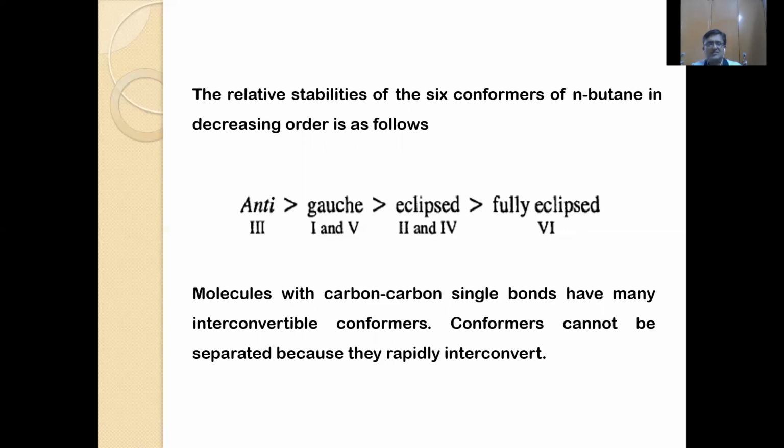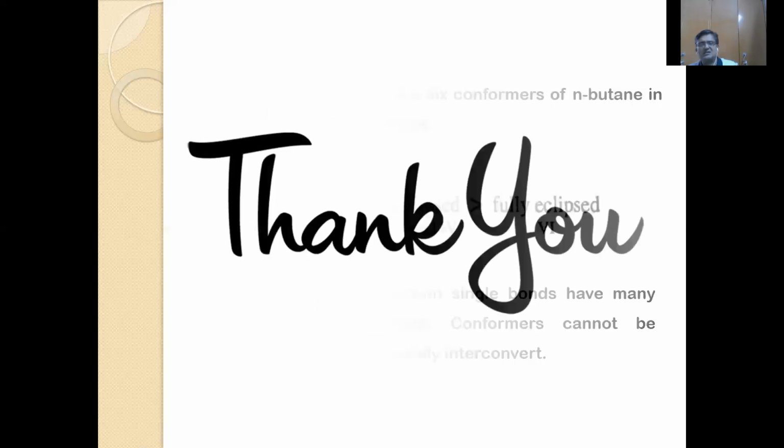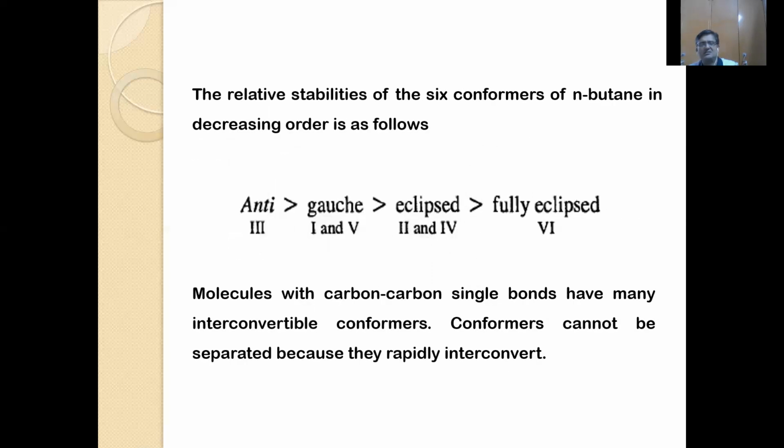Molecules with carbon-carbon single bonds have many interconvertible conformers. They cannot be separated because they readily undergo rapid interconversion. So whatever we have discussed so far is with respect to the conformational analysis of ethane and butane.